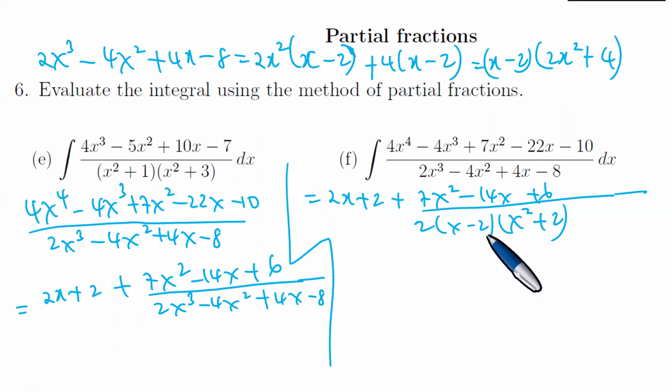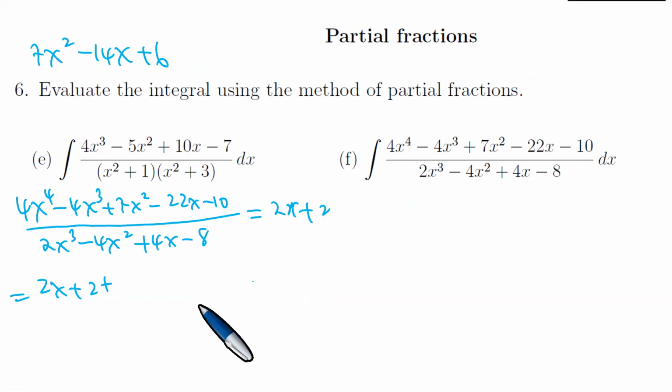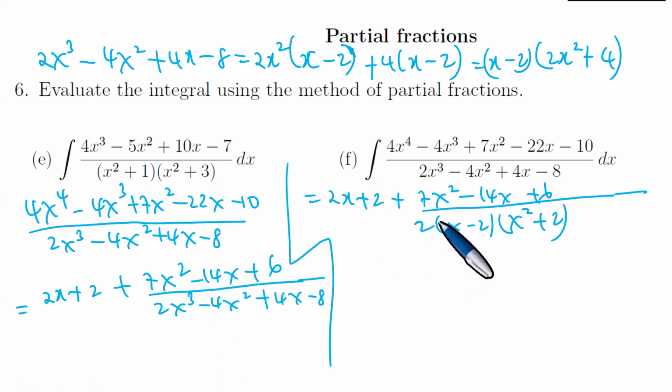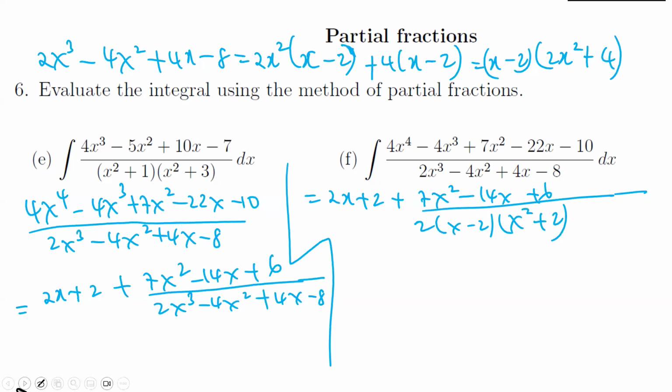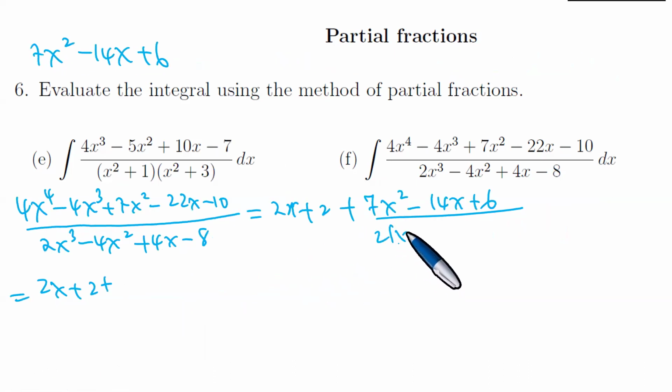So we're going to have exactly this, so that in the end you're going to have this plus, in the denominator, we have 7x squared minus 14x plus 6, all divided by the 2 into x minus 2. And then you have x squared plus 2.